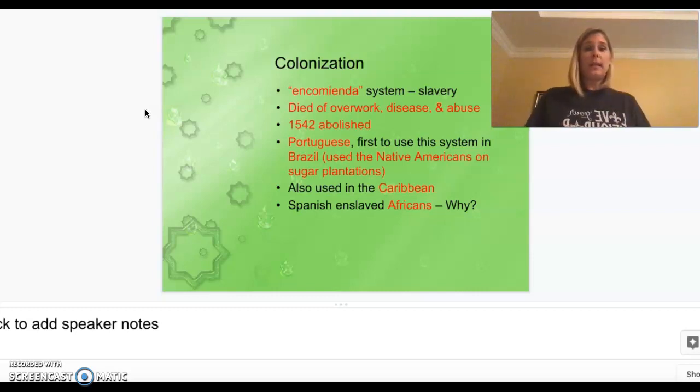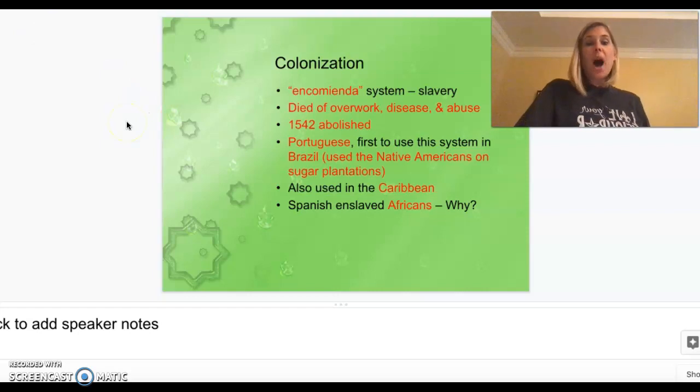Well, ultimately, this system was abolished in 1542. Remember we mentioned a letter that De las Casas had written to the Spanish king, and that at the time that didn't really go anywhere. Well, finally in 1542, the Spanish king decided to officially abolish this system of slavery against the Native Americans. So a little bit of good news there.